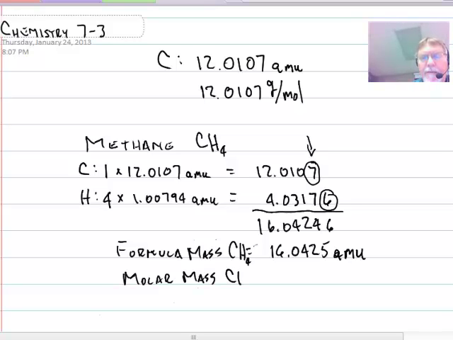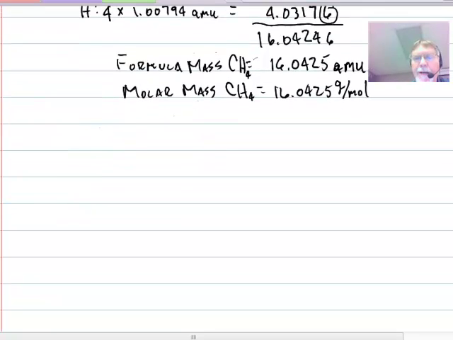Okay, the molar mass of CH4, methane, is 16.0425 grams per mole. So you see that the two numbers are exactly the same, just like they were with our atoms, just different units. And that's how we calculate formula mass and molar mass from the formula of a compound.